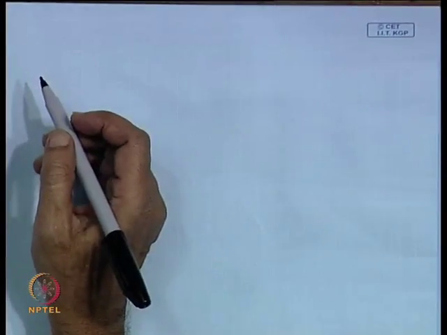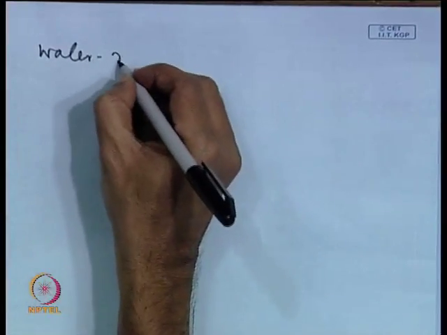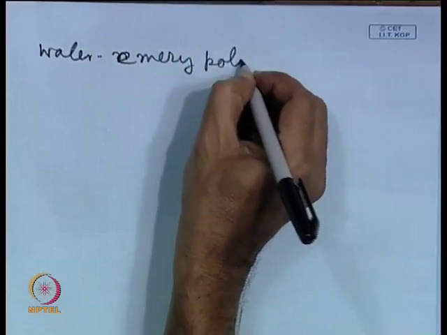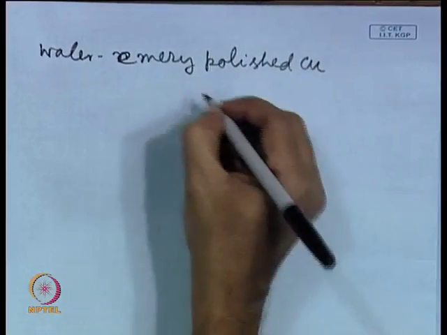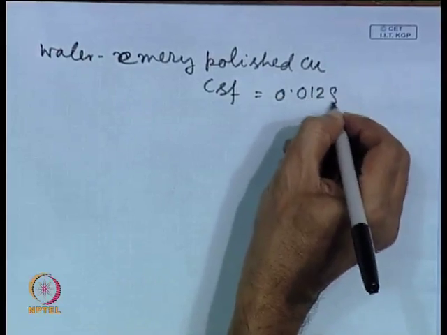For example, suppose we have a combination of water and emery polished copper, C_SF will be 0.0128.